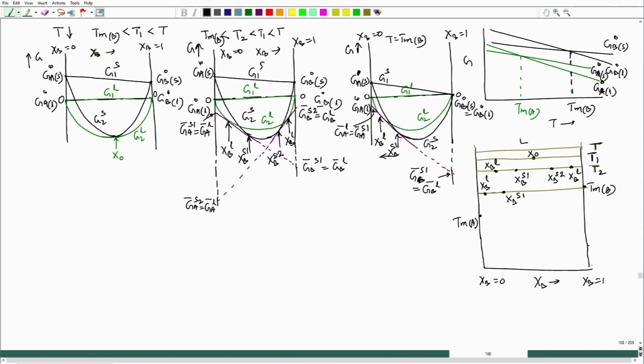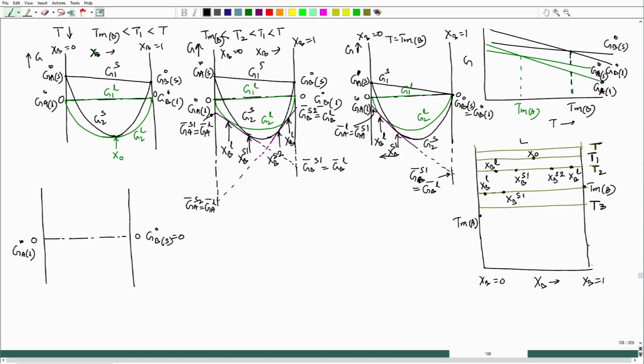Okay. Now let's say I go to a temperature T3, which is in between TMA and TMB. Now we will be having a change here. So solid will have the reference 0 value on the B side, and here we still have liquid to be having 0 value. We can assign that because that is the stable one on the pure side.